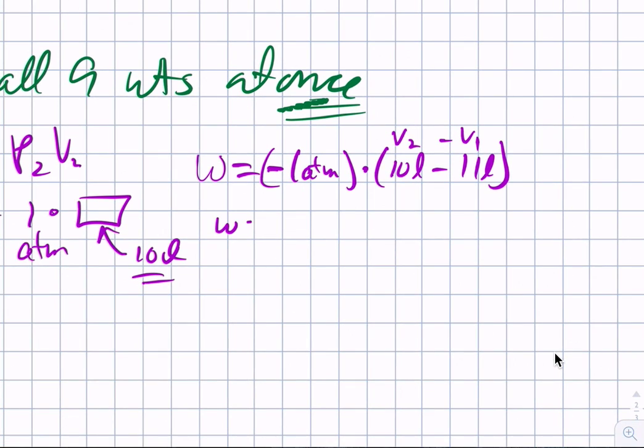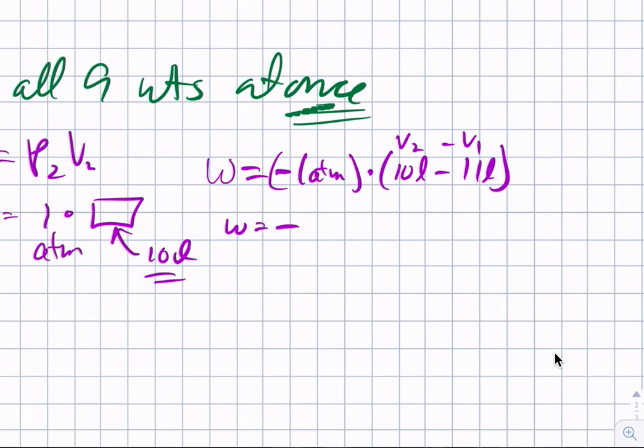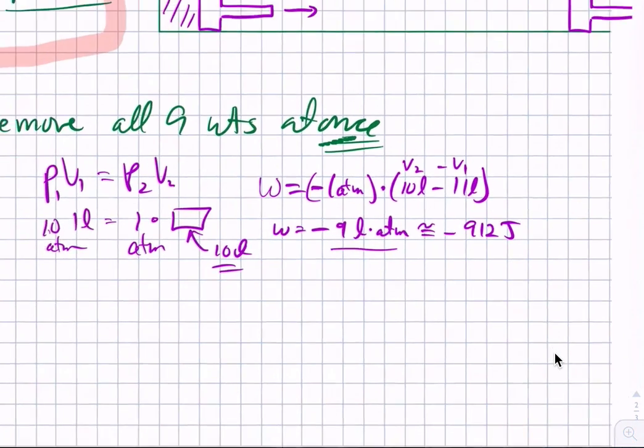And so the work in this first example is going to be minus 9 liter atmospheres of work. It turns out that this is equal to about negative 912 joules, just for reference.